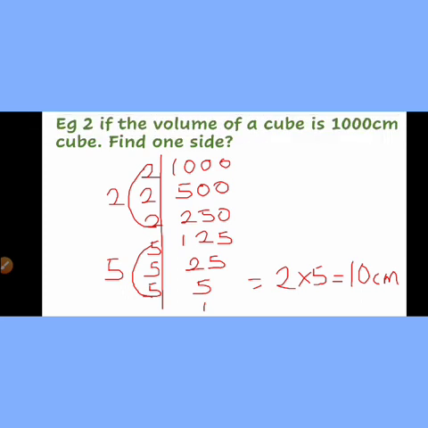So one side of the cube is 10 centimeter. And if you want to prove your answer, if you multiply 10 centimeter by 10 centimeter by 10 centimeter, 3 times, you will get 1000 centimeter cube. So the one side of the cube here is 10 centimeter.